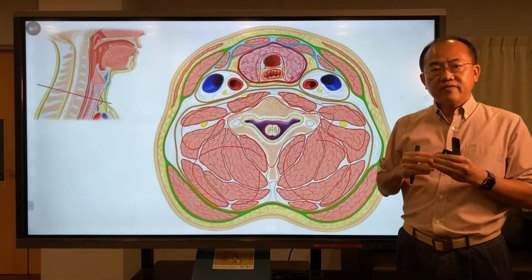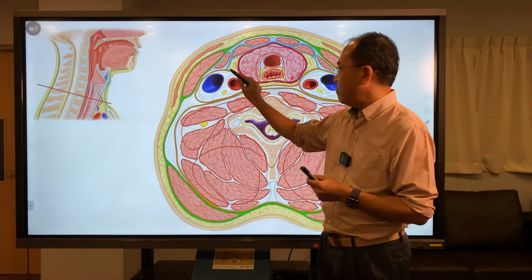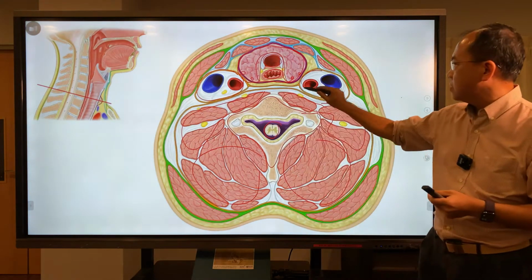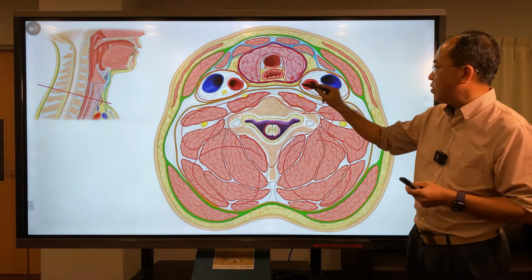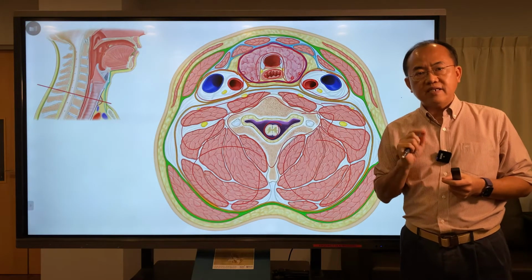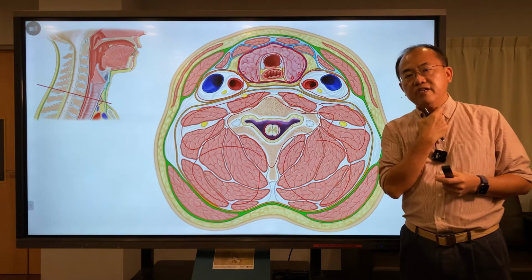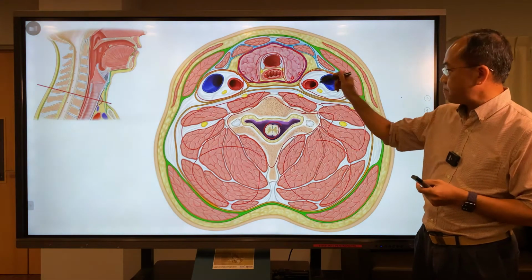And as you have already seen in other parts of the body, you need to have a very important neurovascular bundle, right? And of course, the main artery within the neck will be the carotid artery. We already mentioned just now, the common carotid artery splits into the internal and external carotid arteries, right?